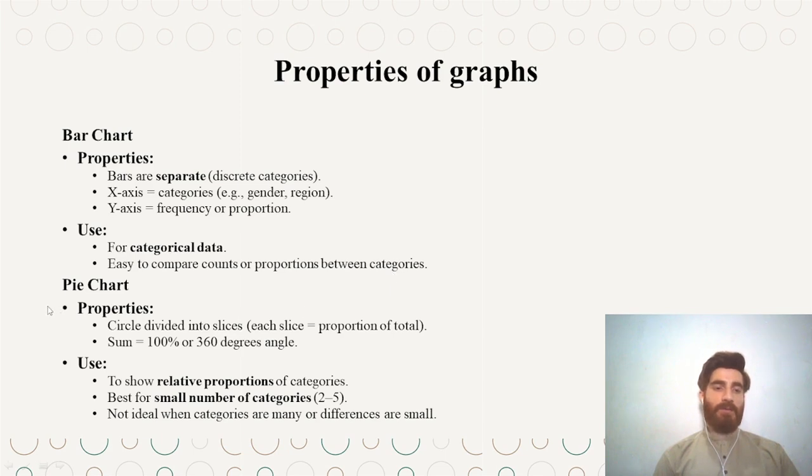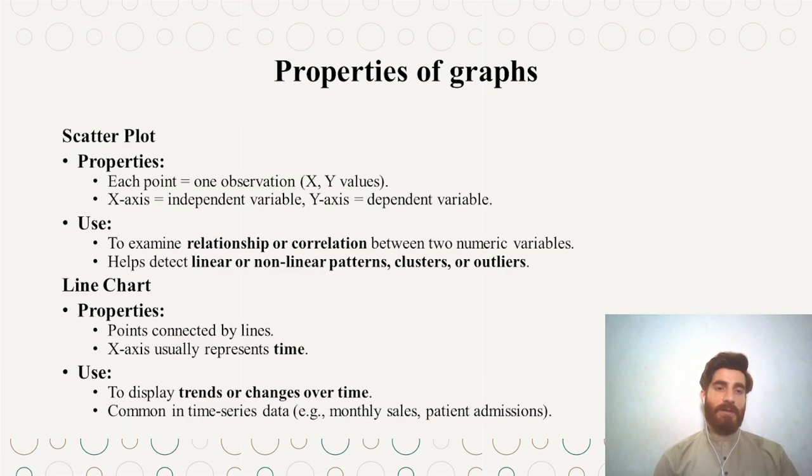Now the fourth one is pie chart. It is a circle divided into slices. The sum will be equal to 100% or 360 degrees. It shows the relative proportion of categories of a variable. Best for a small number of categories, not ideal when categories are many and differences are small.